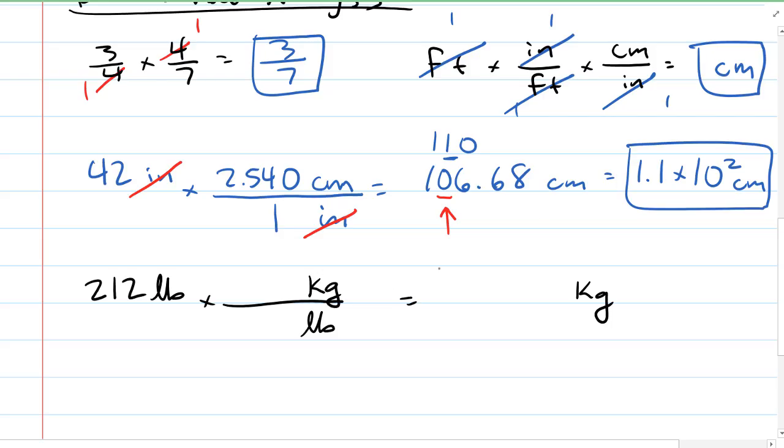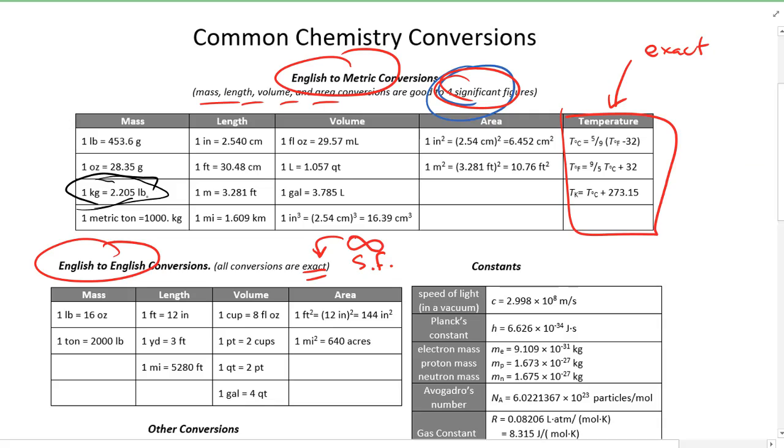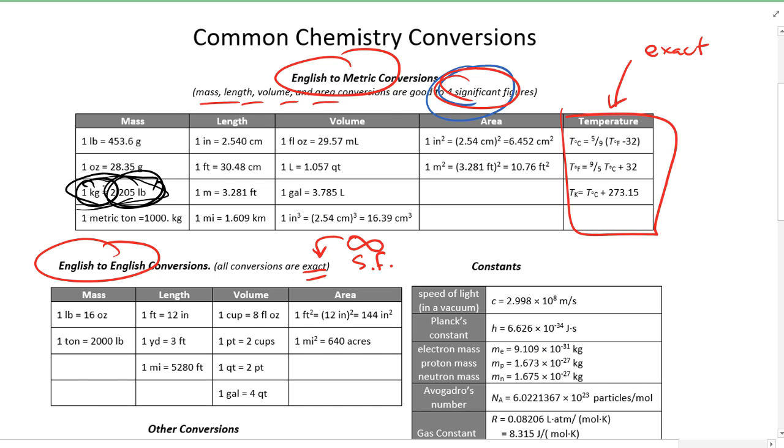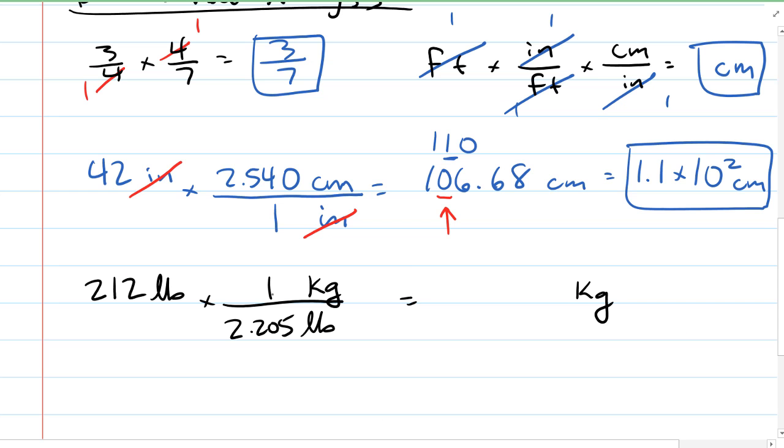As far as the numbers, what number goes in for pounds? 2.205. And how many kilograms is that? It's 1. So we put those in. Units of pounds here are going to cancel out. Once they cancel out, we take 212. We divide it by 2.205. Or you're going to take whatever your weight is, divided by 2.205.